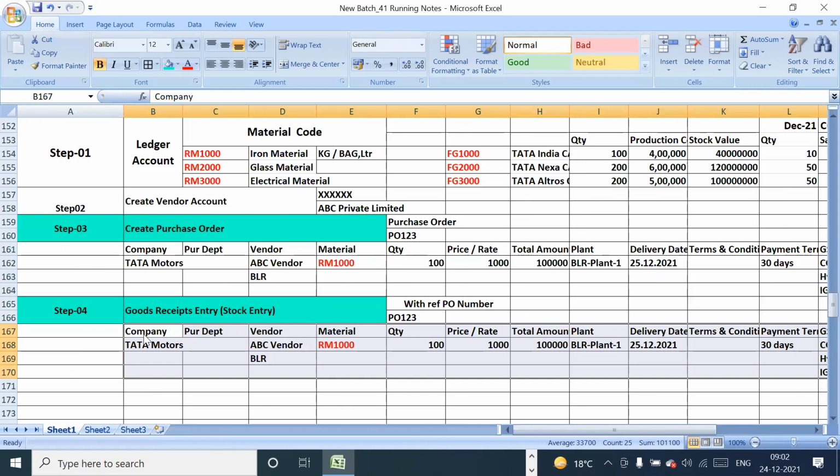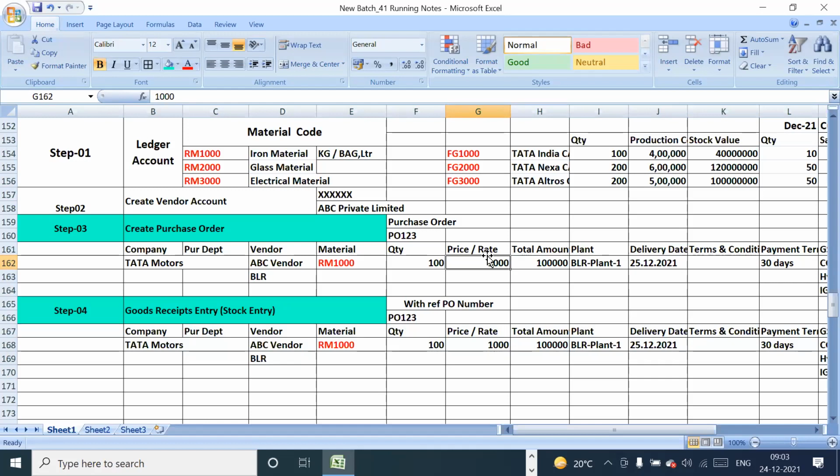It will populate all this information, whether the vendor is correct or not, material is correct or not, quantity is correct or not, rate is correct or not. When is the delivery date? And in this PO, what terms and conditions did we specify? As per the terms and conditions, whether the vendor is supplying the goods or not.